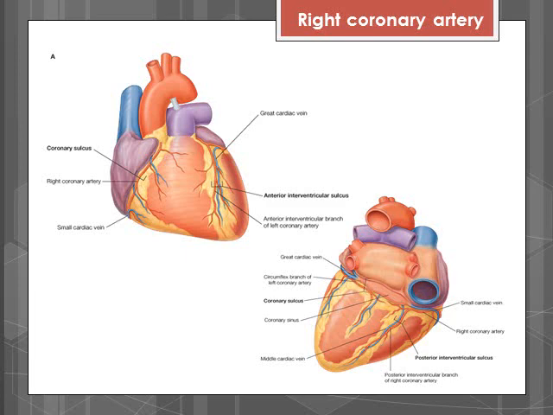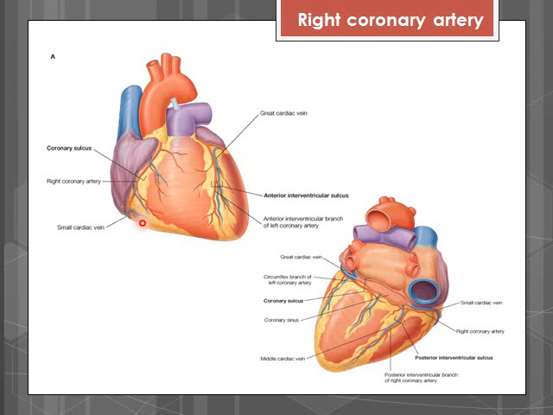It gives multiple branches. The first is the right conus artery that supplies the front of the pulmonary conus or pulmonary infundibulum. Many anterior and posterior ventricular branches go to the right ventricle. These are the anterior ventricular branches.